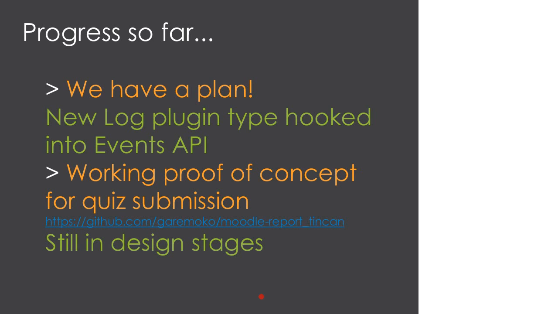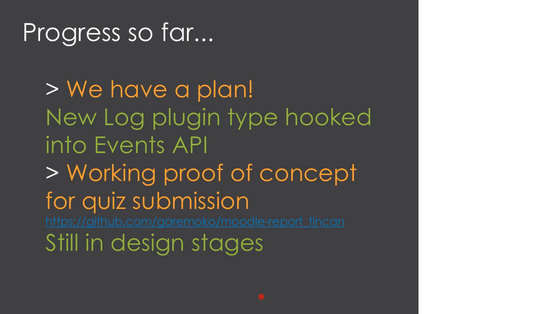Well, firstly, we have a plan. I don't know, did anybody read the Moodle 2.7 release notes? Thrilling stuff. Sorry, but there's actually mention of Tin Can in the Moodle 2.7 release notes.